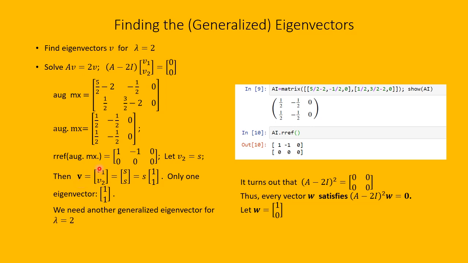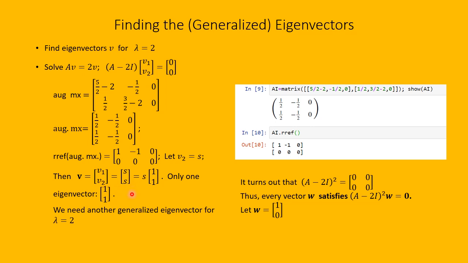Our eigenvector v, with components v1, v2, is the vector s, s, which, factoring out s, is s times 1, 1. So one eigenvector is 1, 1. We basically got only one linearly independent solution to Av equals 2v. We cannot find two linearly independent solutions to this equation. There's only one, so this is an eigenvector.